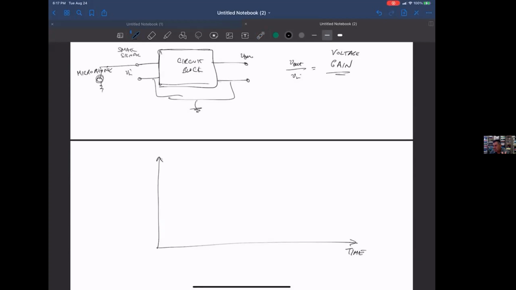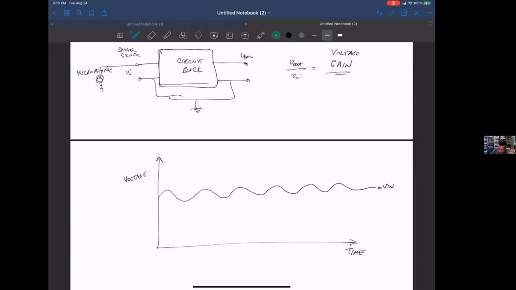Okay, but just as a general concept, typically you have a voltage, and then it's a function of time. So if you had a sinusoidal input, this is your input, and this is the trace you were seeing, so this is your Vin.